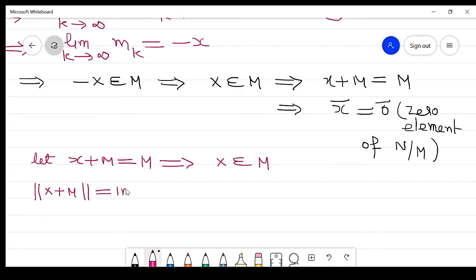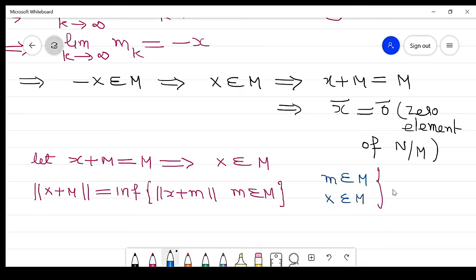So what is this definition? It is the infimum of the norm of x plus small m, where small m belongs to capital M. Now here remember, this m belongs to M and x belongs to M, right?